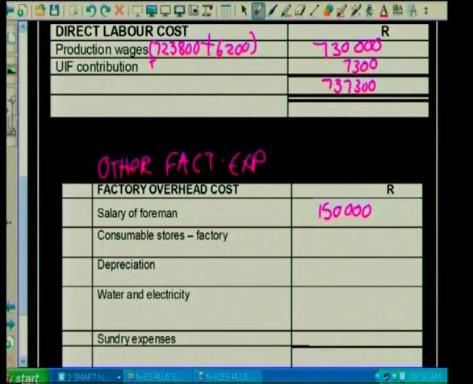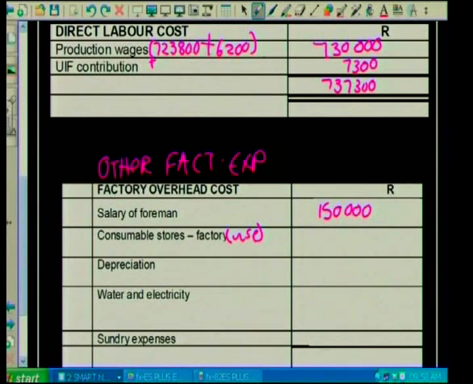Then the next cost is our consumable stores for the factory. And remember here, the example that I gave you guys was that an item such as glue could be considered to be consumable stores. It's an indirect material that is used in the making of the product itself.